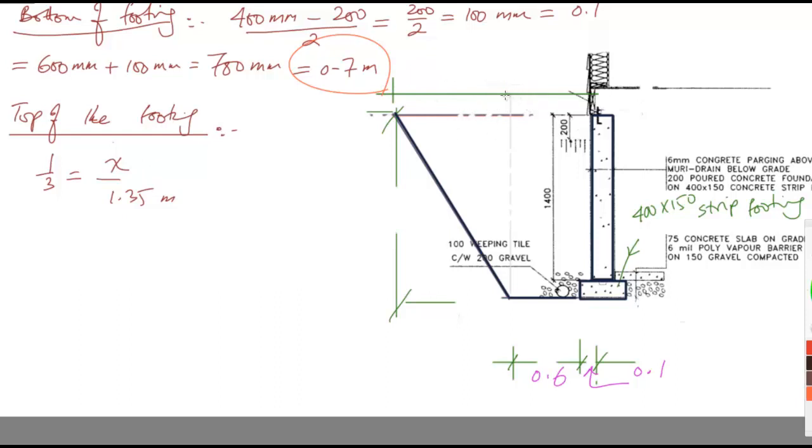Okay, so based on that, x will be equal to, sorry, I make this in detail so that you will not be confused. 3x is equal to 1.35, so x will be equal to 1.35 divided by 3.